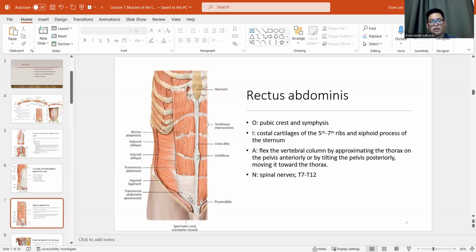So when it pulls on the front of the pelvis from the pubic symphysis, it is actually going to cause some posterior tilt. So it tilts the pelvis posteriorly, or towards the back. And this is going to be innervated by the spinal nerves T7 to T12.